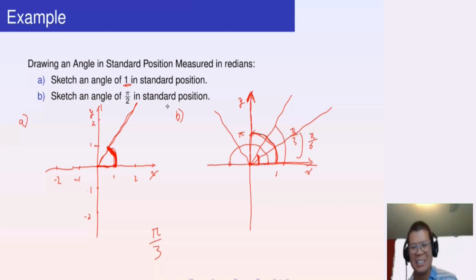So you can play with it, and you can get some really interesting observations from this. But later on we are going to talk about all this. As for now, you need to know how to sketch an angle measured in radians in standard position. That's going to be very important.